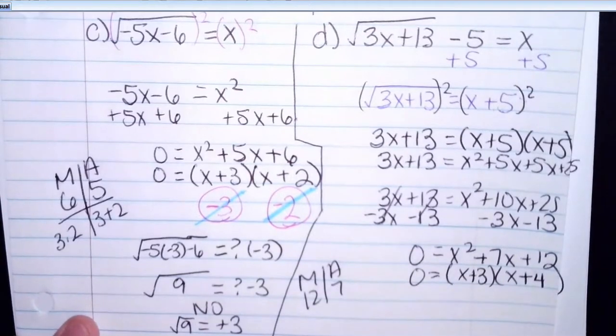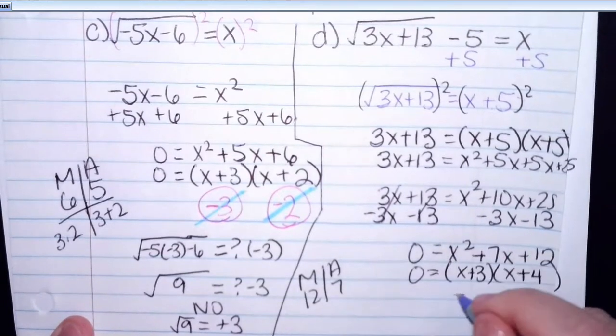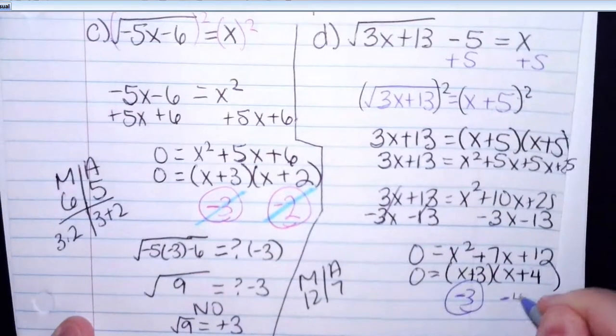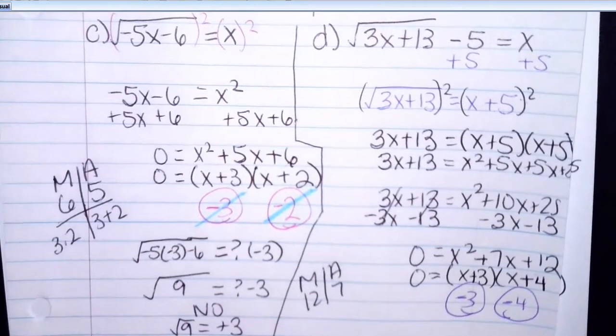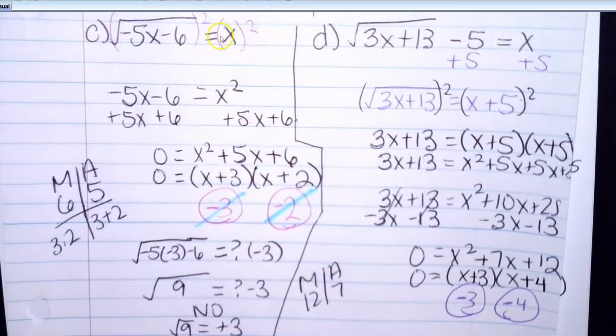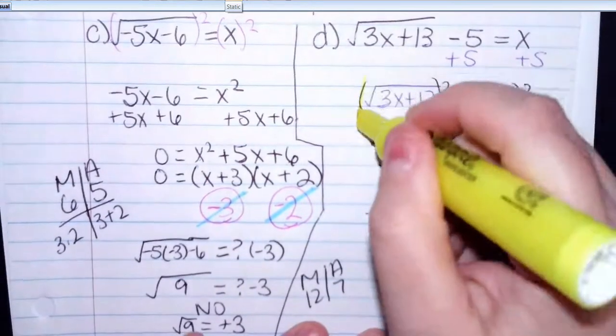Now, my two potential answers here are negative 3 and negative 4. Just because it's negative doesn't automatically mean it's extraneous. I had that happen earlier, but that's just because that one was equal to x. If you look back at this problem, here's where I would plug it in, where we isolated the radical.